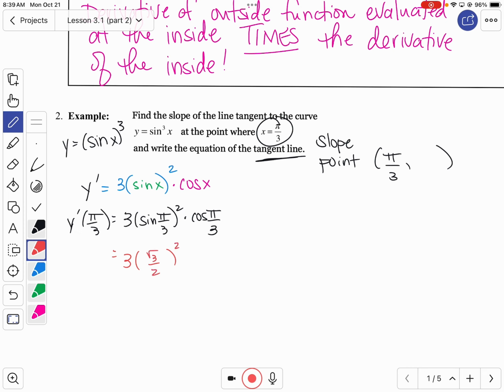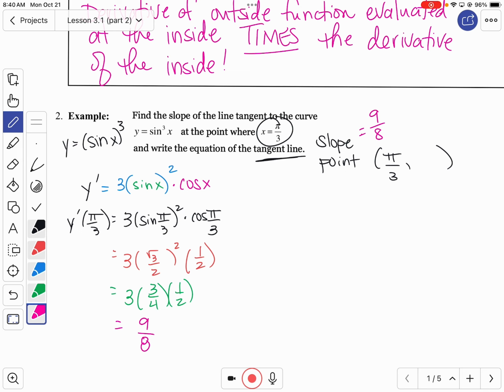And we're going to square that. Cosine at pi over 3 is 1/2. So 3 times 3/4 times a half gives me a slope of 9/8. Okay, so that was the first thing it asked for. What is the slope of the tangent line?